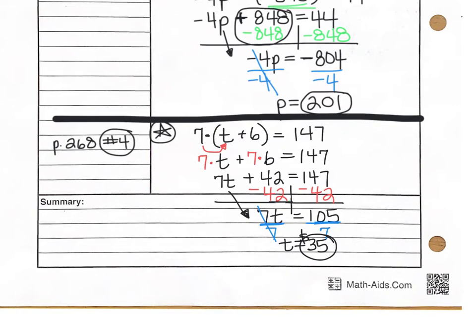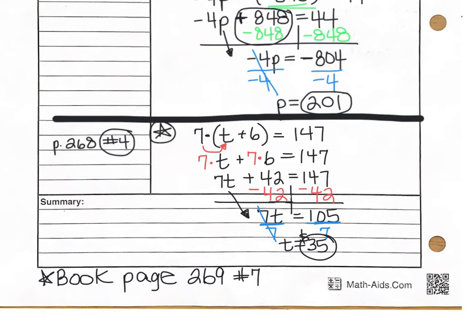Now I would like for you to go to your book and take a look at question number 7. I'm going to solve this problem and one or two others on the next page.